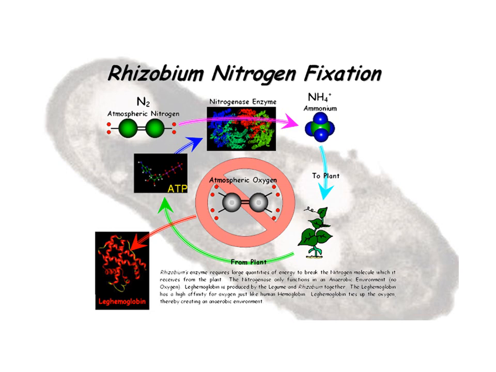Inside the nodules, the rhizobium, which is an aerobic gram negative bacteria, absorbs the atmospheric nitrogen and converts it into ammonium in the presence of the enzyme nitrogenase, and for this process a large amount of ATP is also involved.